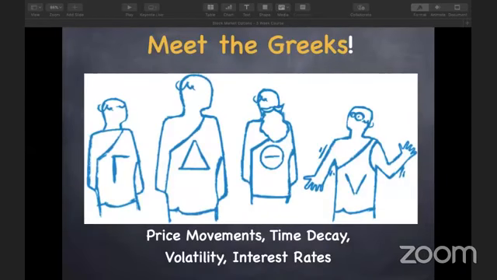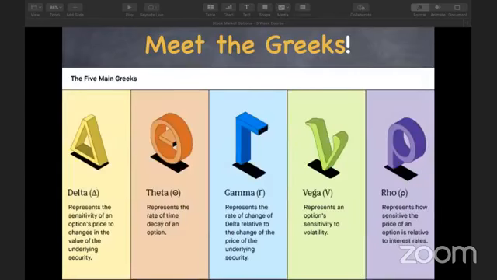The Greeks deal with price movements, time decay, volatility, and interest rates. All right. In no particular order, delta represents how your premium will be affected for the first $1 move up or down in the stock price, in the underlying.